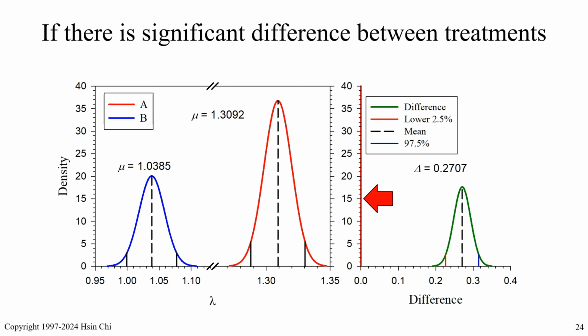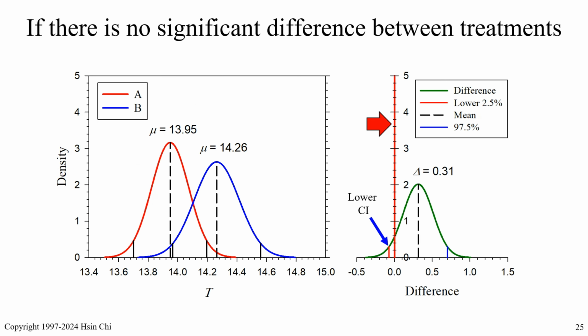In this slide, you can see the concept of the paired bootstrap test. If there is significant difference between treatments, the distributions of the bootstrap estimates do not overlap or have small overlap, and the lower confidence limit is located to the right of the red zero line. In other words, the confidence interval of all 100,000 differences does not include the zero line.